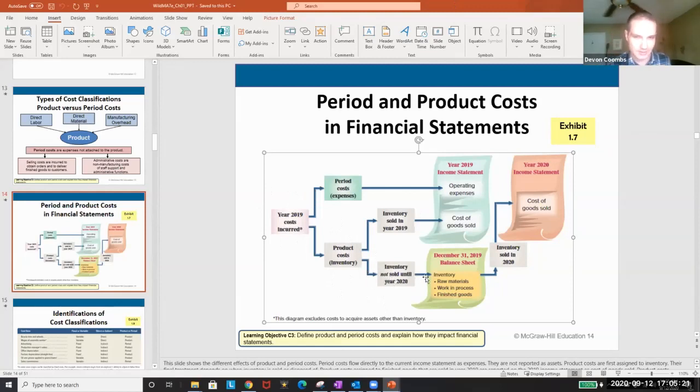In GAAP, we try to match expenses to the revenue they create. We recognize revenue when the products are sold. So we have to capitalize those costs and recognize that expense when the revenue is made, when we sell the good. That's why we have inventory on our books, which is a capitalized cost. Does that make sense? All right.